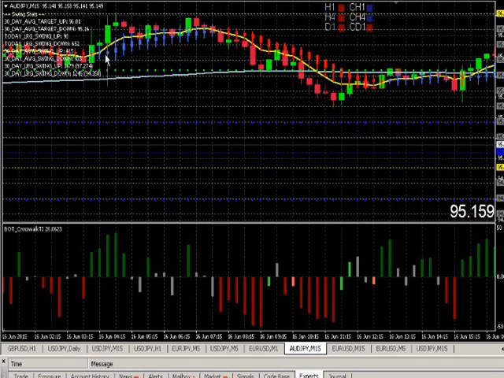We can see the market bullish for the most part in this area of our oscillator.